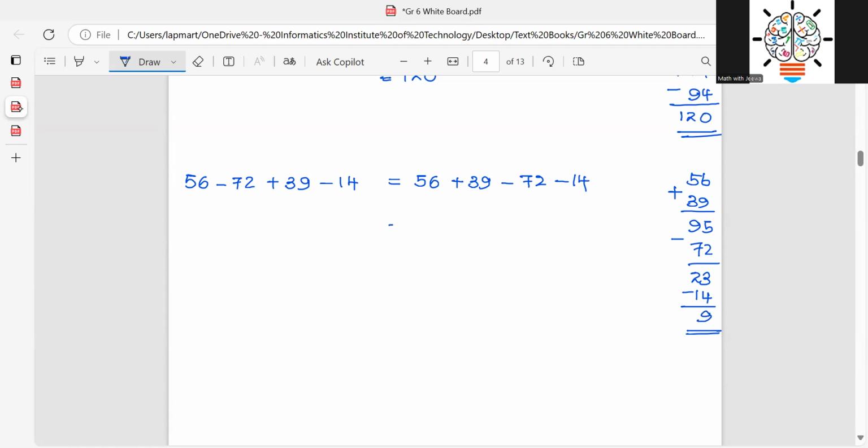So then what I do, 56 and 39, it is 95. From 95, I want to deduct 72 and 14. From 95, when I deduct 72, it gives me 23. From 23, when I deduct 14, it gives me the answer now. Hope it is clear how you want to do it step by step, right?